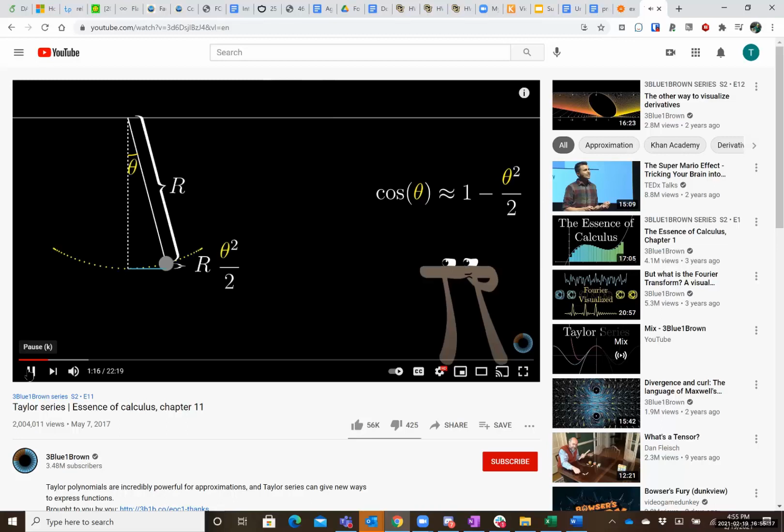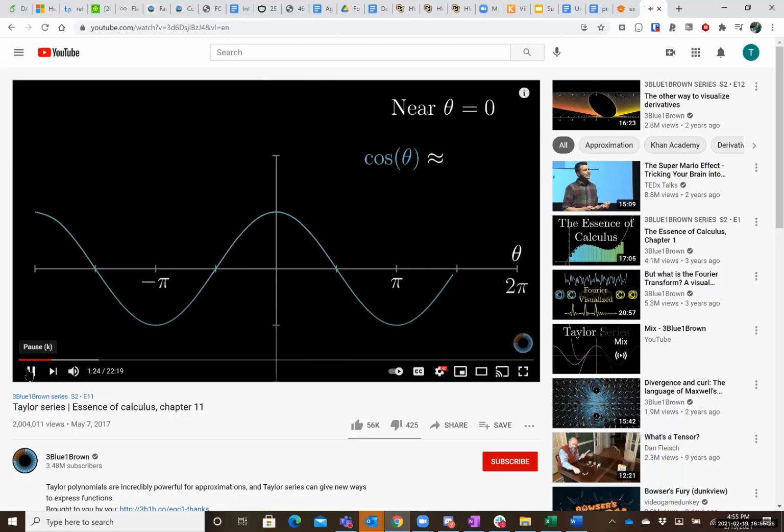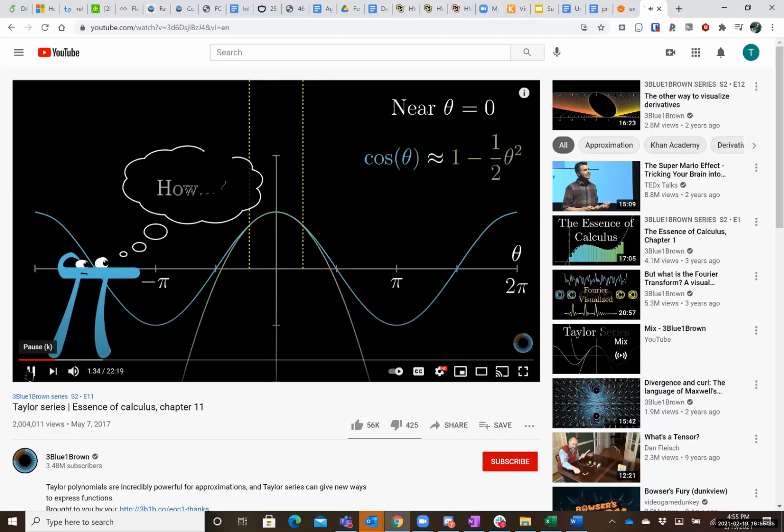If you've never seen anything like this before, an approximation like that might seem completely out of left field. I mean, if you graph cosine of theta along with this function, 1 minus theta squared over 2, they seem rather close to each other, at least for small angles near 0. But how would you even think to make this approximation? And how would you find that particular quadratic?